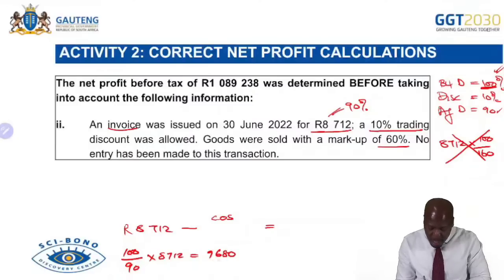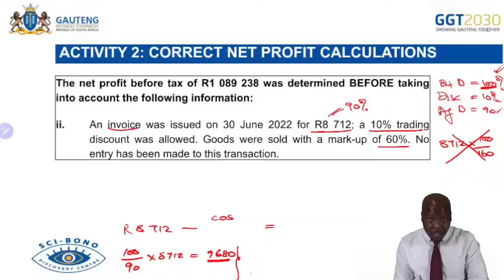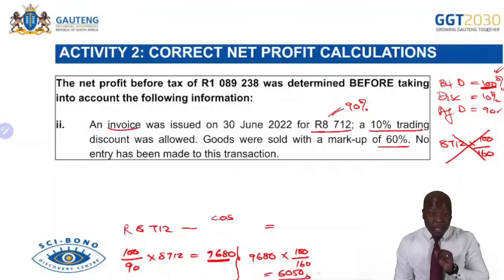When I get this 9,680, I can then calculate my cost of sales. So I now say 9,680. Multiply then by 100 over 160. Then I punch that in my calculator, I get 6,050. This becomes my cost of sales.